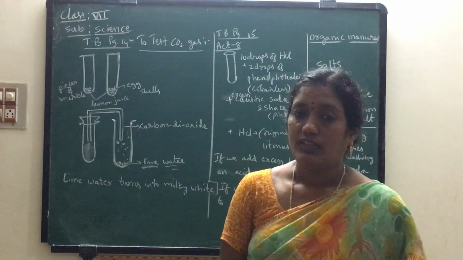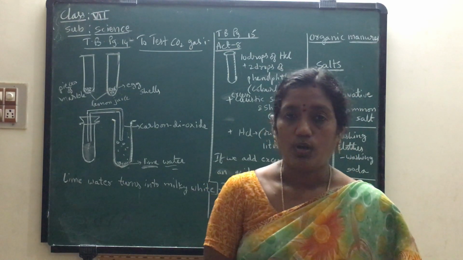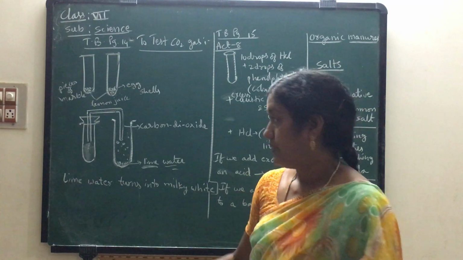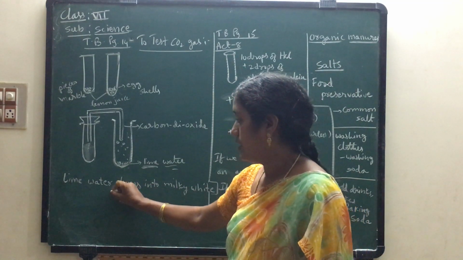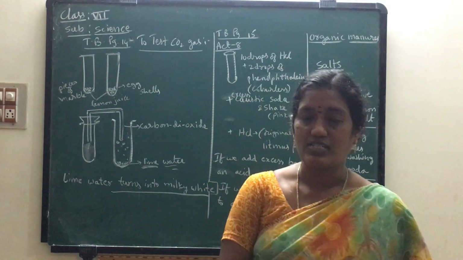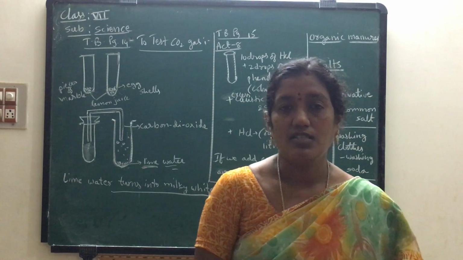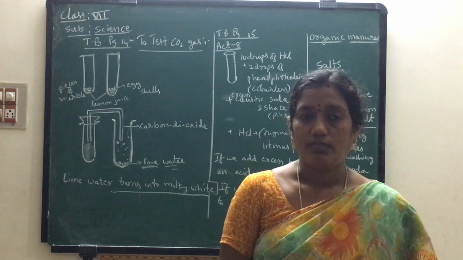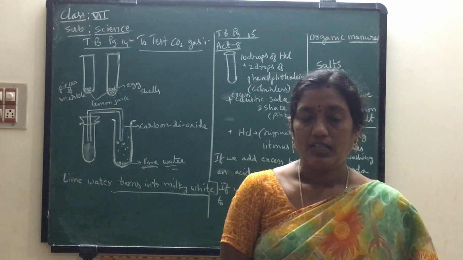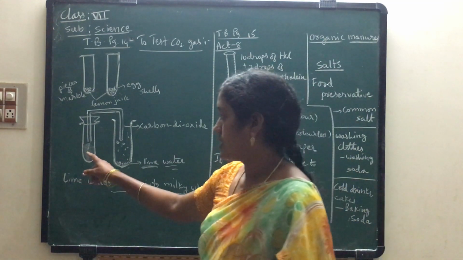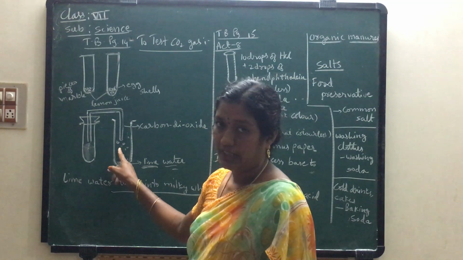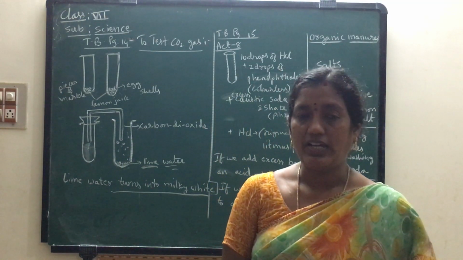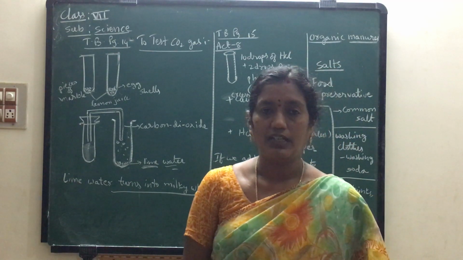So in order to identify the carbon dioxide gas, what is the method? If this lime water turns milky white, okay children, whenever the gas formed in this test tube is carbon dioxide, then this lime water changes into milky white, that means pure white color.